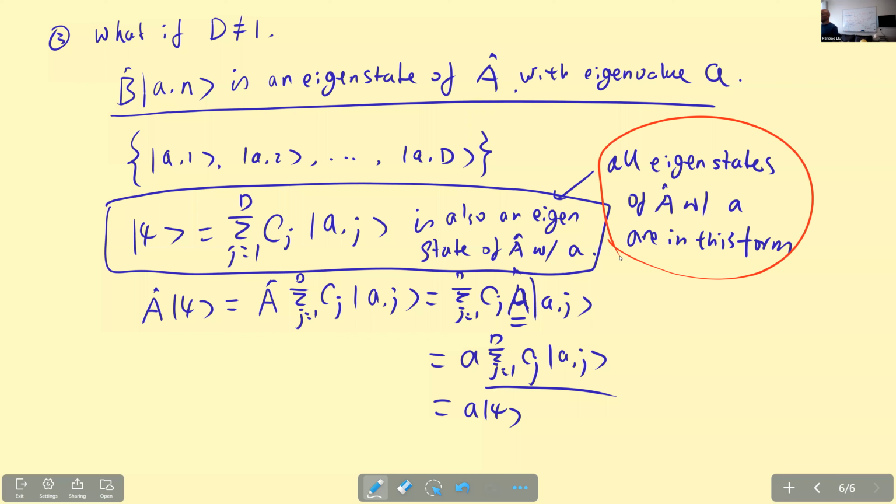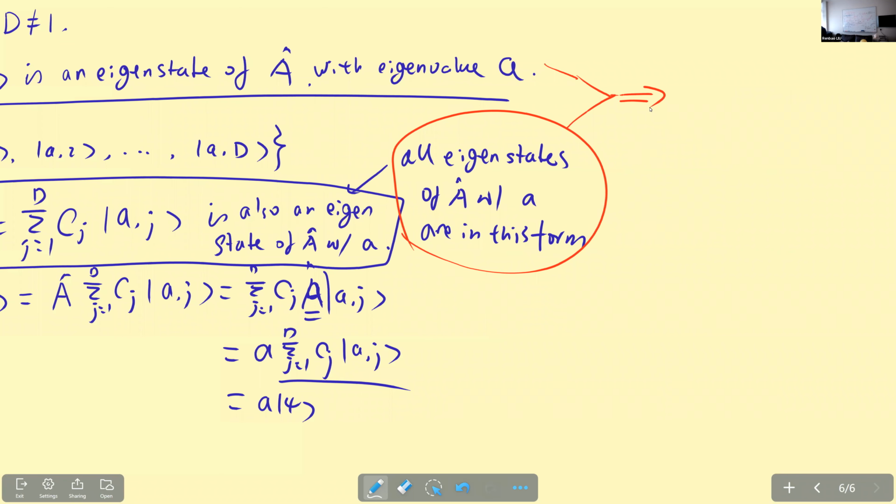Right. So from this and this together, you must know that B acting on this Am should equal a summation of Cj Aj, because this one is an eigenstate, so it should be written in this form.